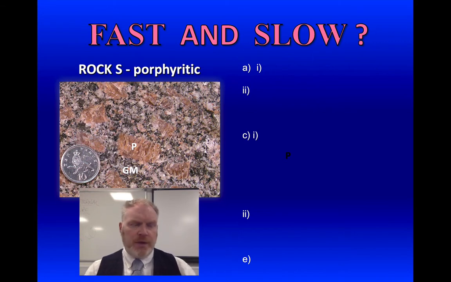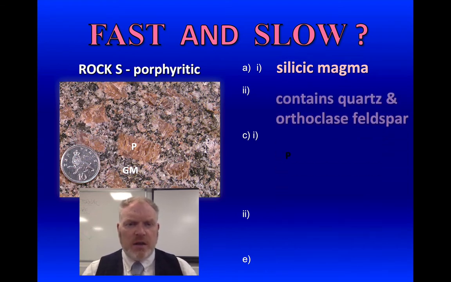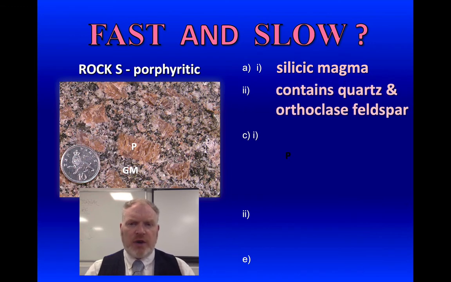So question A1, I asked what type of magma rock S would have formed from, and it's silicic. The way we know that is that the minerals within rock S include quartz and orthoclase feldspar. They're silicic minerals. We find those minerals in abundance in silicic rocks.